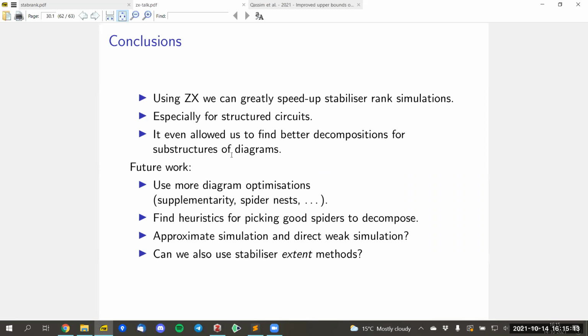I mean, the spider nest identities aren't inherently required to be in circuit form. They're just diagrammatic. Yeah. I see. There's also a whole bunch of other things you can do.